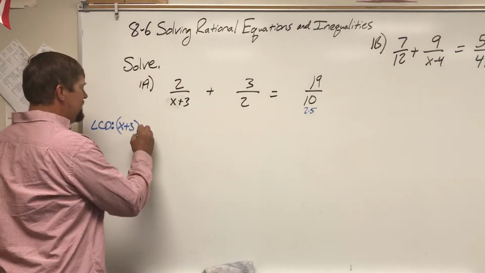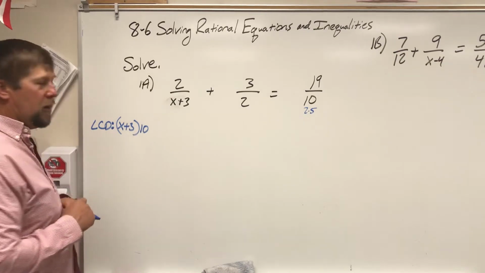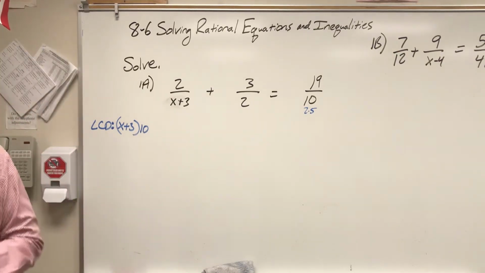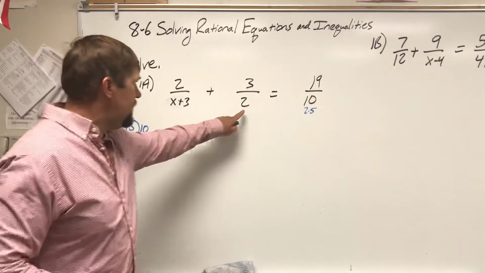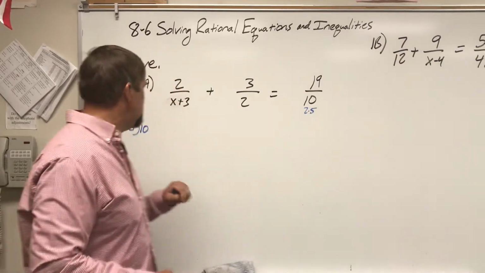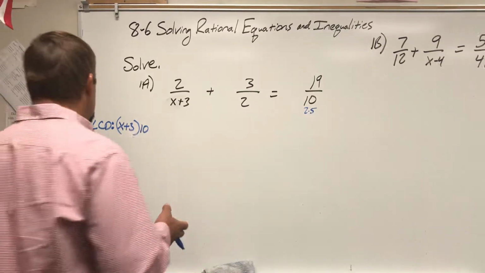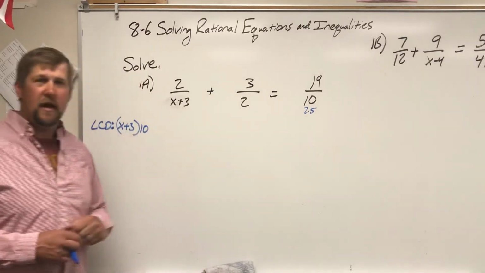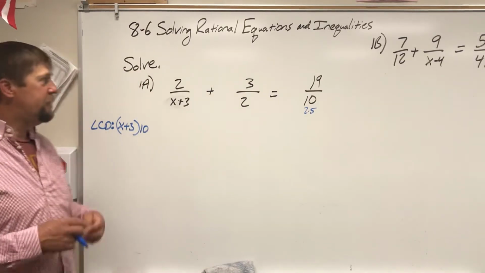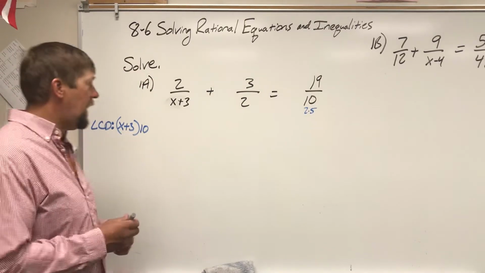So basically 10 is also part of the least common denominator. 2 goes into 10, 10 goes into 10, x plus 3 goes into x plus 3, so there we have it. Now, that's the trick. Every time we're going to do these problems, we're going to come up with the least common denominator first. Very important you know how to do that.